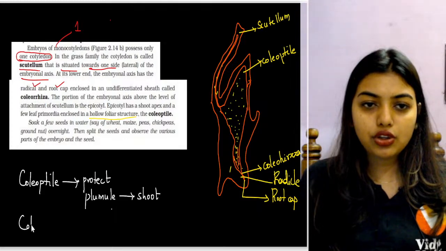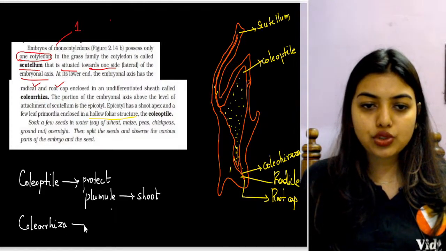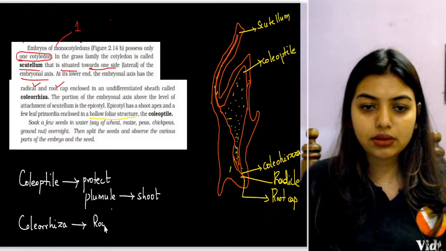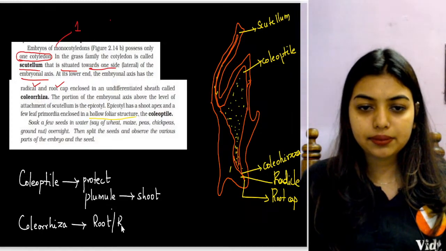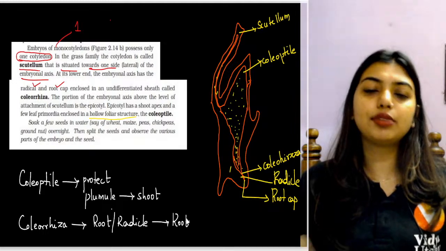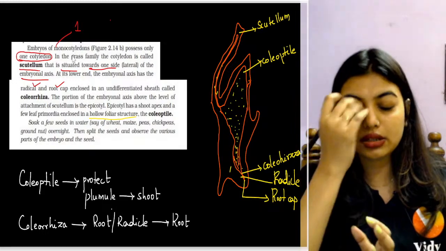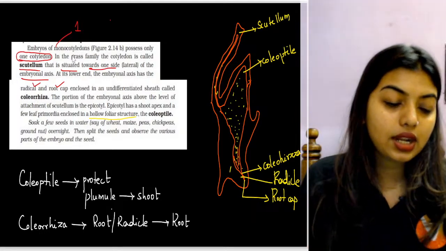Then coleorhiza is the portion that will protect the root or the radicle, and this will give rise to the root. Clear? This much you remember. Then you remember about scutellum. Scutellum is the portion that gives that differentiation. Done, all of you?